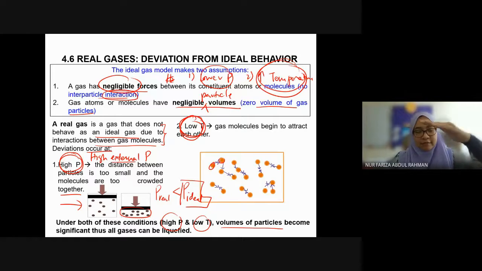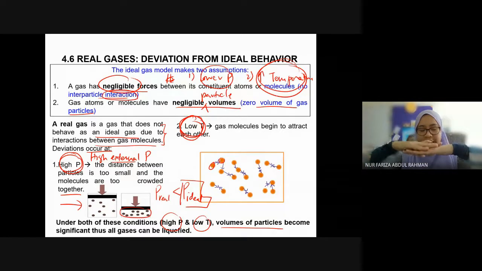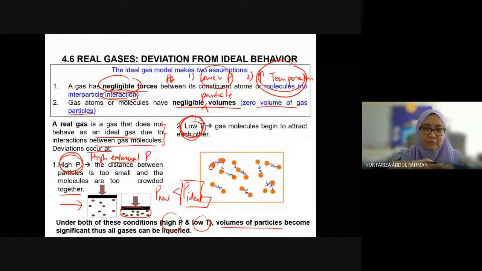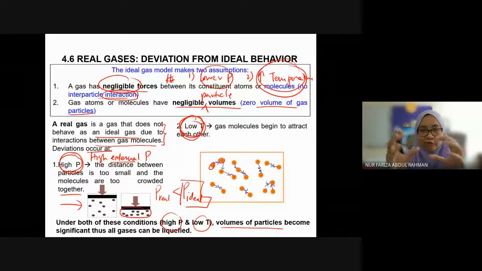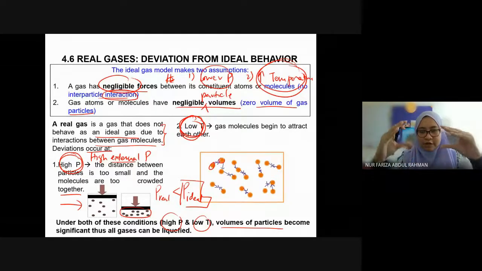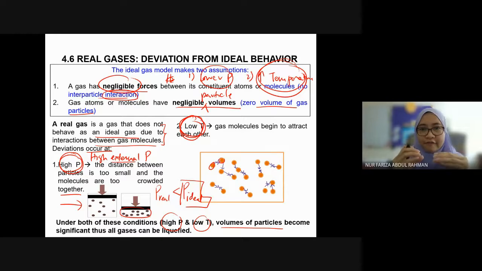Okay, imagine bila you push down the piston ataupun you compress down, okay, you increase further the external pressure, you push kat bawah tu kan. Not only dia punya free space dah berkurang, so they come closer to one another, so dia dah jadi makin rapat. Bila dia jadi makin rapat, they start to have its own volume. Nampak tak?